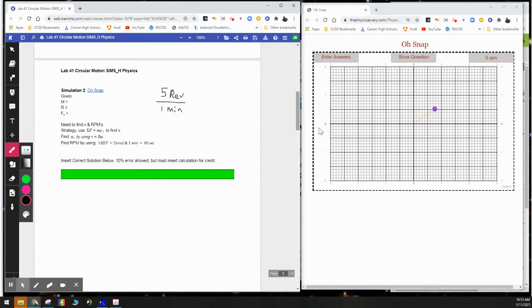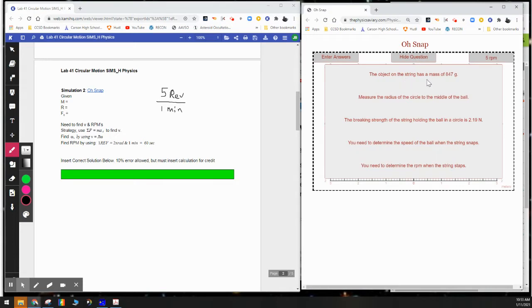The question is asking us, take a look here. The object has a mass of 875 grams, so we'll put in here mass is equal to 0.875 kilograms. It has to be in kilograms. The radius, we'll have to measure.